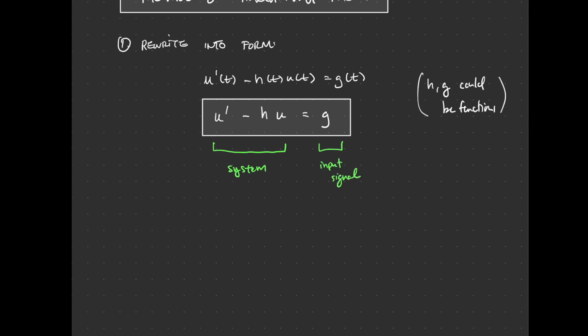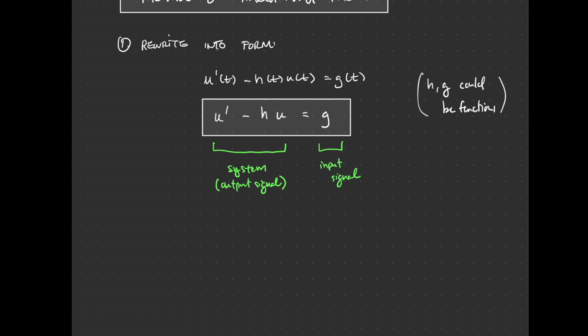In general, the left is the system, or the output signal, because it is how the rate interacts with the quantity that's present. And on the right-hand side, this is what's being fed into the system at time t. This is a generalization of this form.